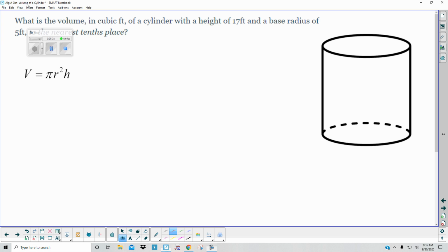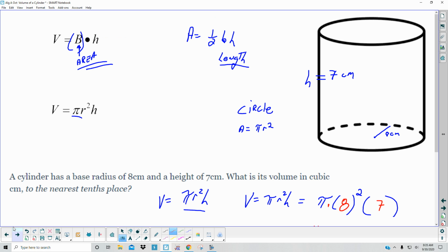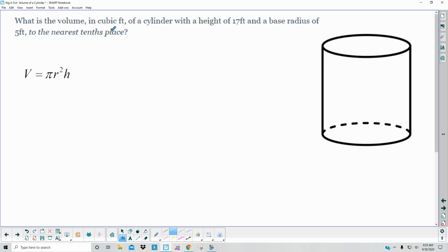It says find the volume of the cylinder when, so the wording order is different. The last one said what is the volume last; this says what is the volume first. It doesn't matter. So you know the height is 17 and the base radius is 5 feet. So you go pi, and I'm going to fill in the r, which is 5, and the height, which is 17.